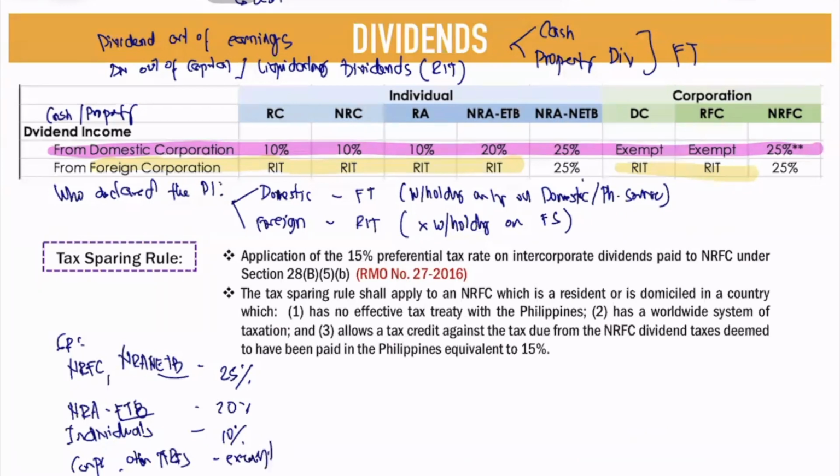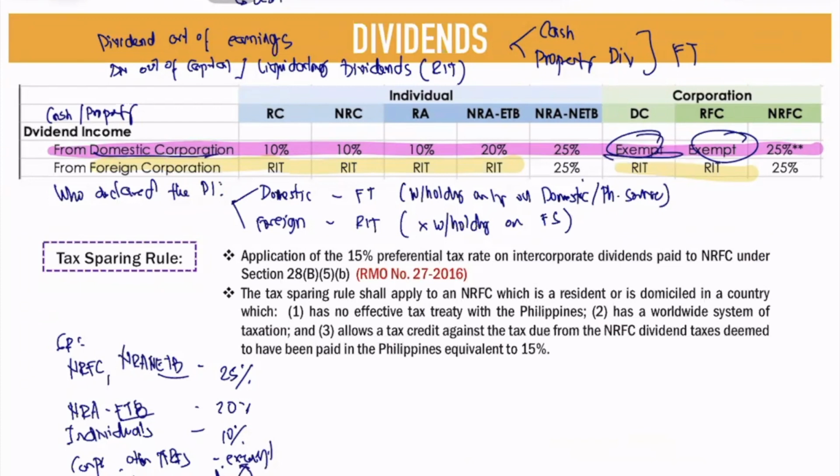So now, intra-corporate dividends are considered exempt. If it is from a domestic corporation to a resident foreign corporation, exempt. From a domestic corporation to another domestic corporation, exempt.